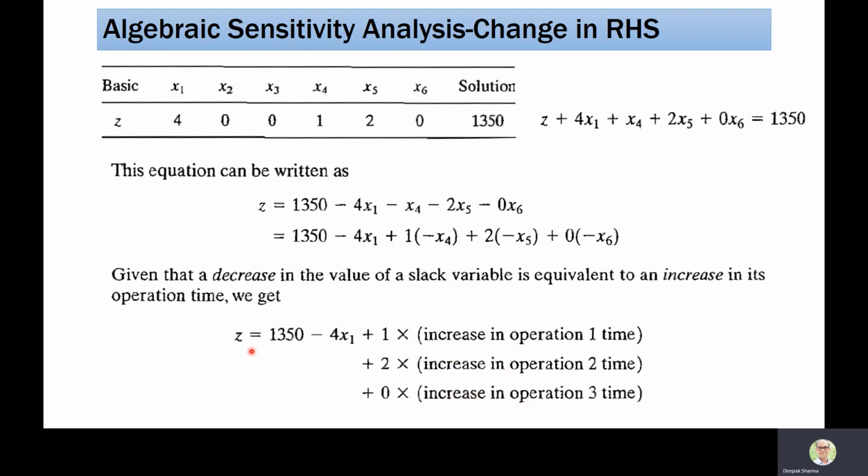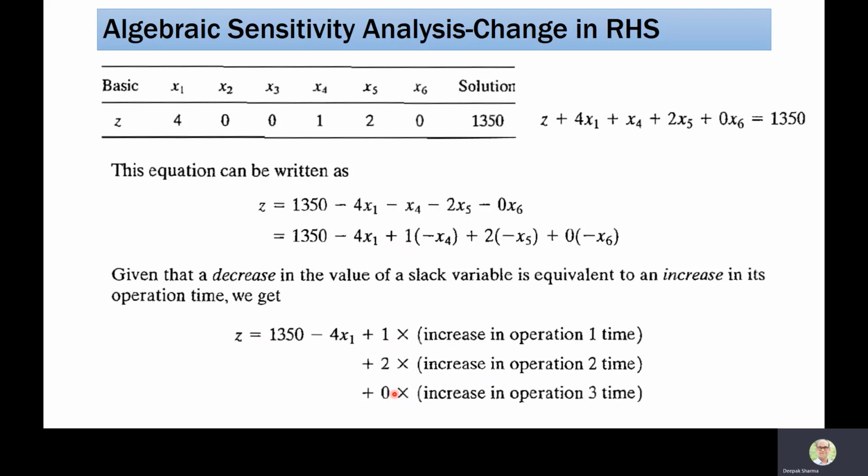So Z new will become 1350 plus 1 times the increase in operation 1. If I subtract Z new minus Z optimal, this is nothing but 1 times the increase in operation 1. So the coefficients given as 1, 2 and 0 are telling me about the dual price for the given problem.